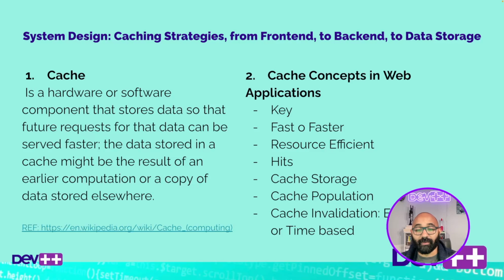The final concept is cache invalidation, right? Similar to the population, eventually the cache needs to expire, right? Why is that? It depends on the application, the context, and the use. But let me give you an example with a website, right?